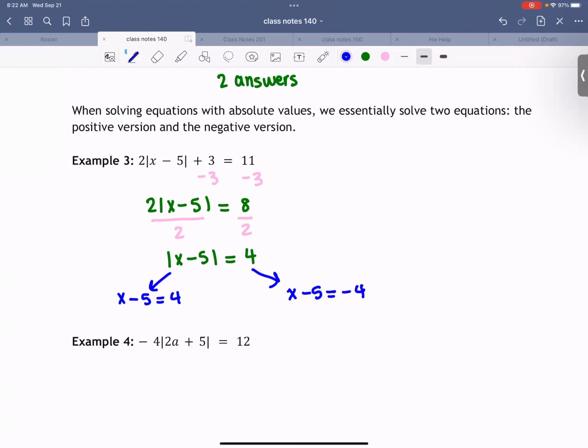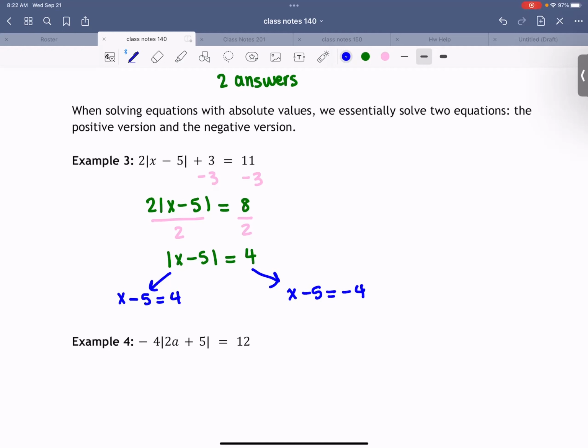I always write the negative on the right. You can also change the signs on the left if it makes you feel more comfortable visualizing this, but I like sticking the negative on the actual number.